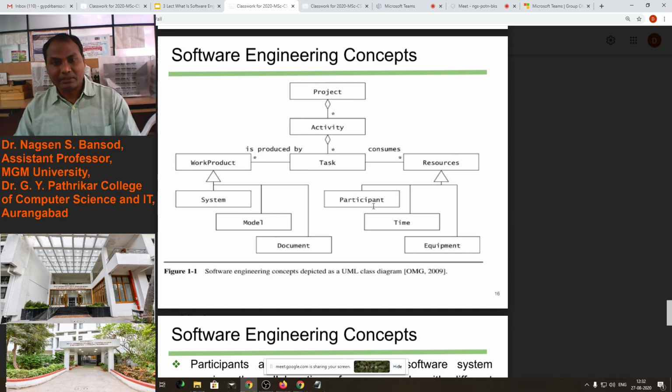Like participant means an employee of our company. All these become participants, so these are resources. Human: an HR department is there in every company. HR means human resource department. So a participant, our employee, is also part of the resources. Then time: which persons are coming is also one of the resources.